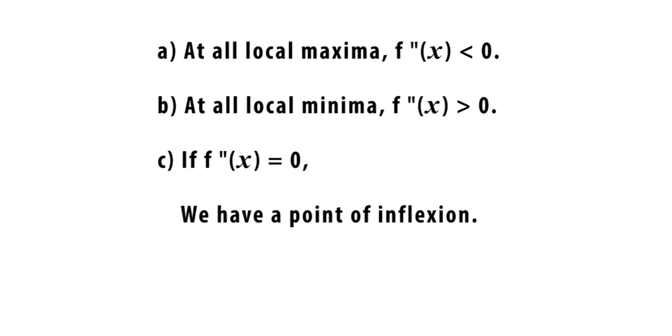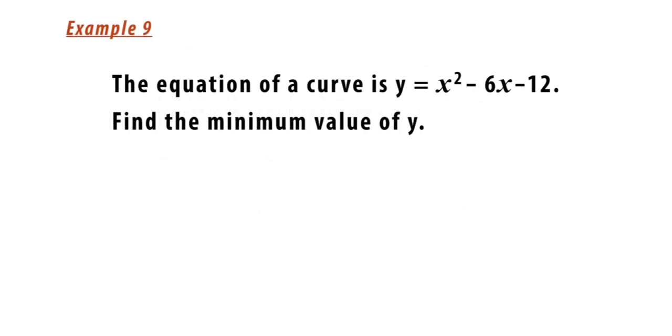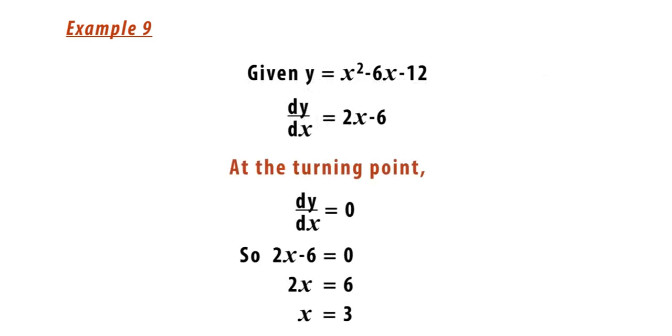Example 9. The equation of a curve is y is equal to x squared minus 6x minus 12. Find the minimum value of y. Let's look at the solution. We have been given y is equal to x squared minus 6x minus 12.